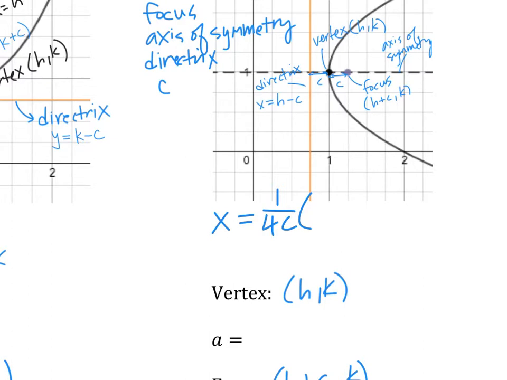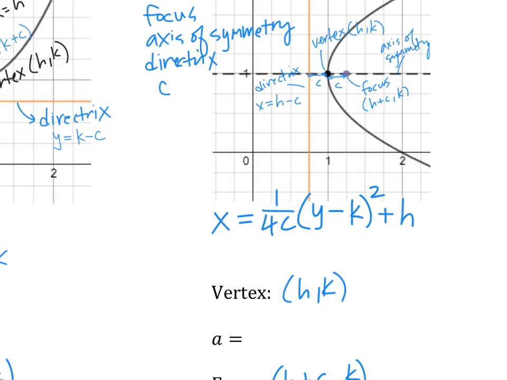Look at the previous equation, all your x, y switches, all your h, k switches. Not x, y. Y minus k squared, and then plus h. Okay, so make sure you switch x and y. Make sure you switch h and k. That's a lot of info. Last thing.